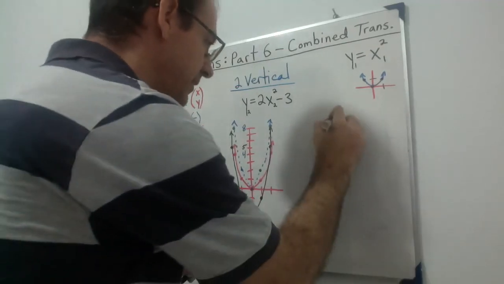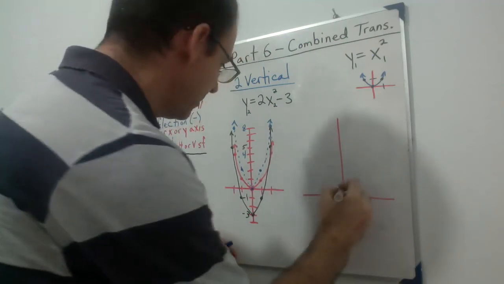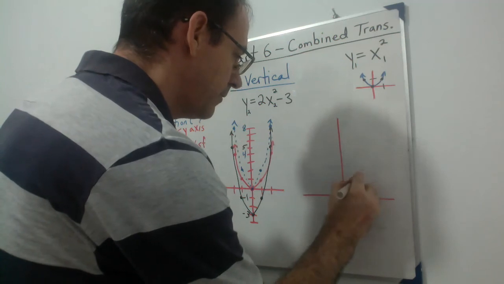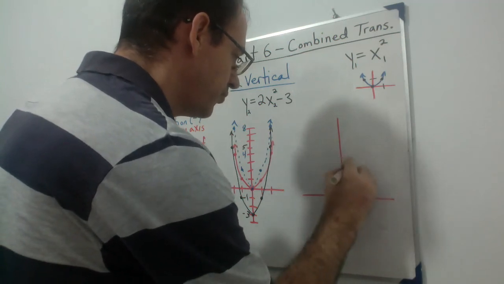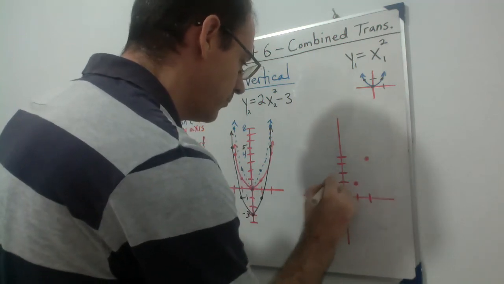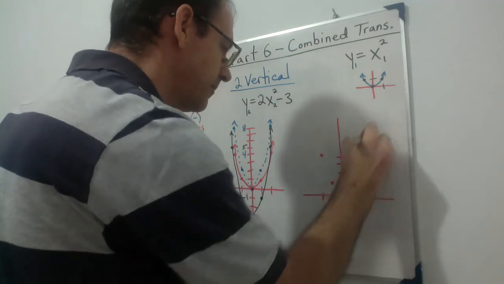So if we did it out of order, what we're going to have is, let's start with our original here, 0, 1, 1, 2, 4. -1, 1, -2 squared is 4. Here's our original.